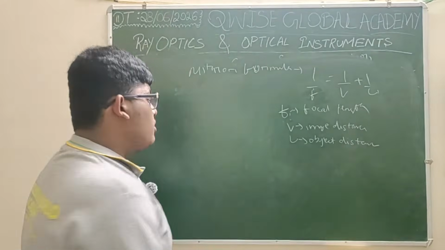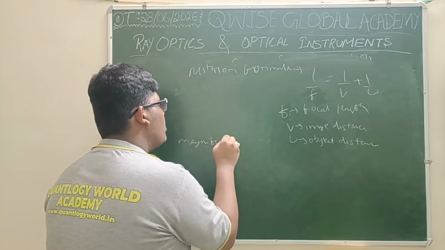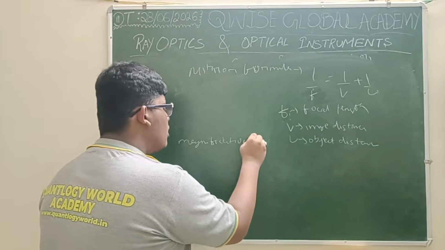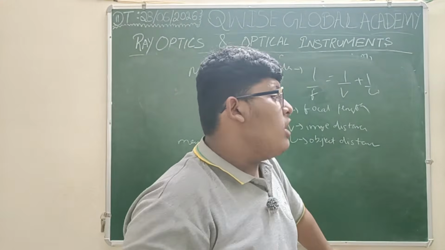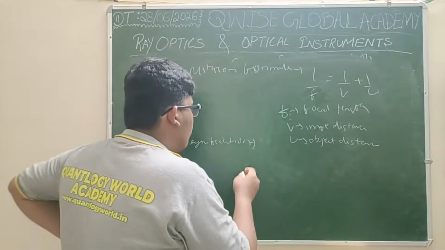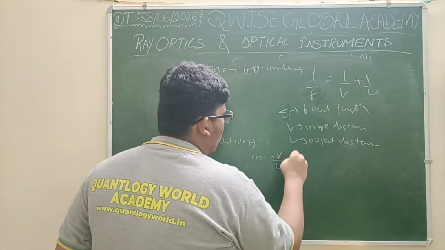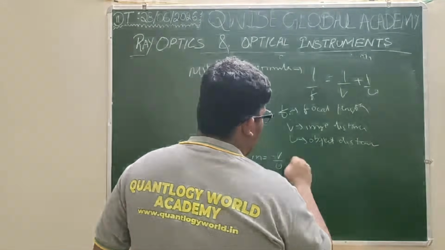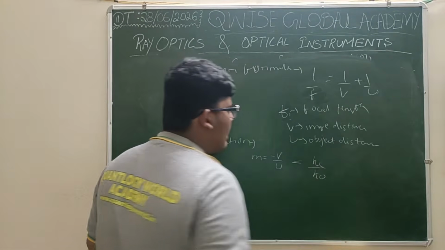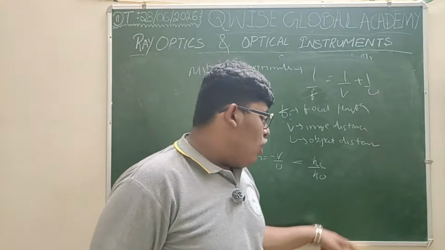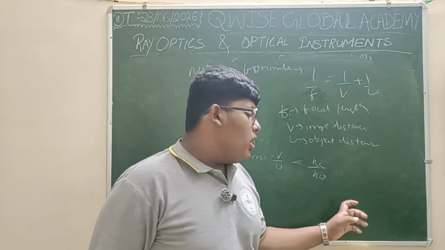Next is magnification. For magnification, there is a formula which we use to see how the image is enlarged or diminished. The formula for magnification is m equal to minus v by u, or this is equal to hi by ho. Hi is image height and ho is object height.